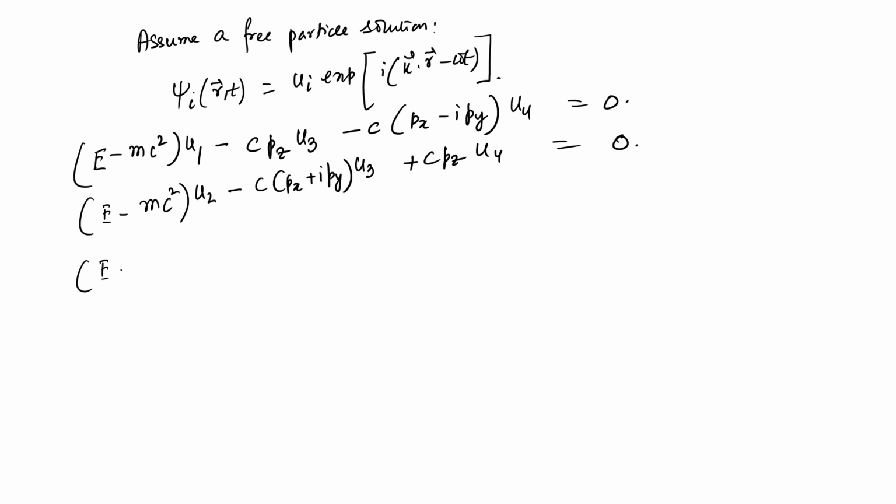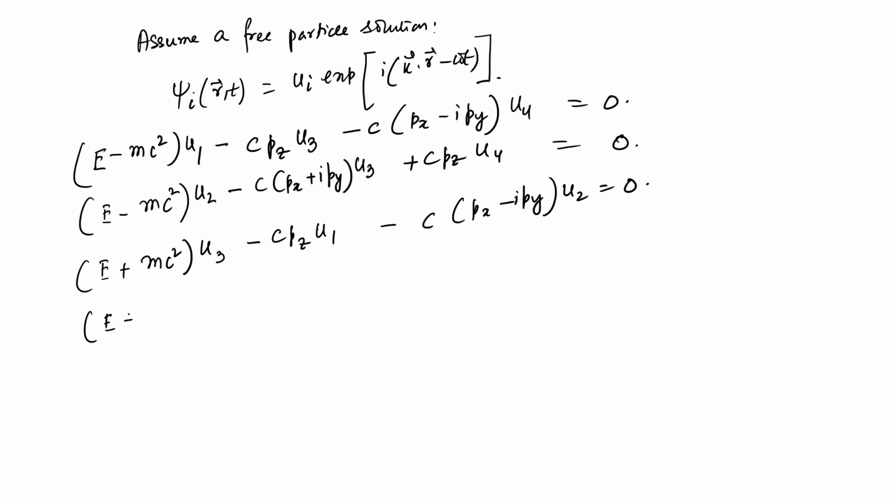Then we have (E plus m c square) u3 minus c p_z u1 minus c (p_x minus i p_y) u2 equal to 0, with beta put in, and (E plus m c square) u4 minus c (p_x plus i p_y) u1 plus c p_z u2 equal to 0.